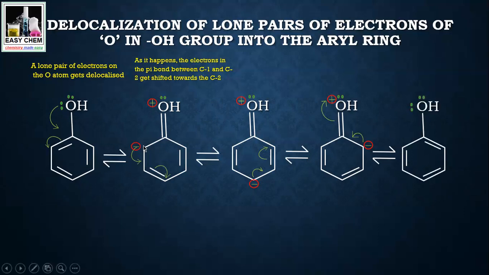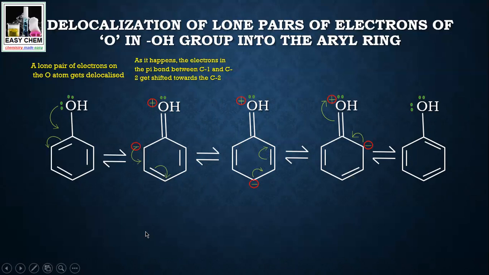You can see in this phenol molecule, the middle 3 structures show a negative charge on the second carbon and on the fourth carbon. On the other side, the 6th carbon, we can call it the second carbon also. Therefore, remember, phenol reactions happen at the 2nd place, 4th place, and 6th place in the ring.